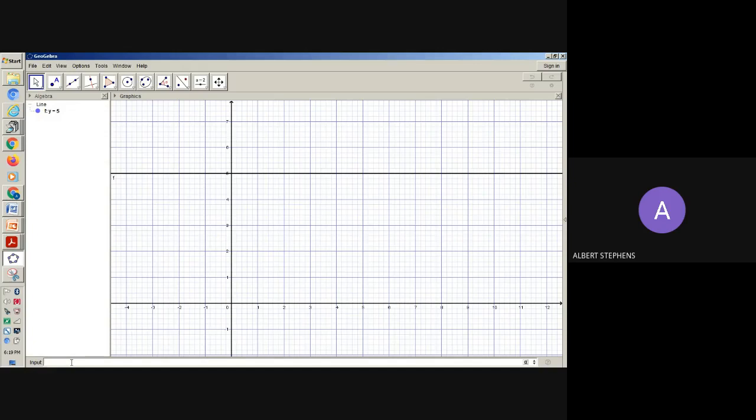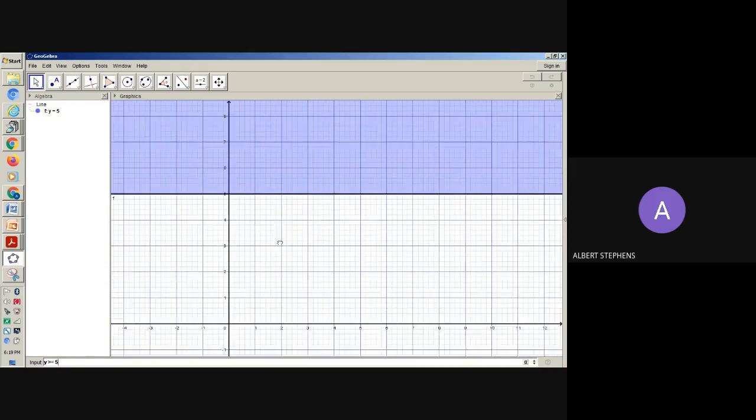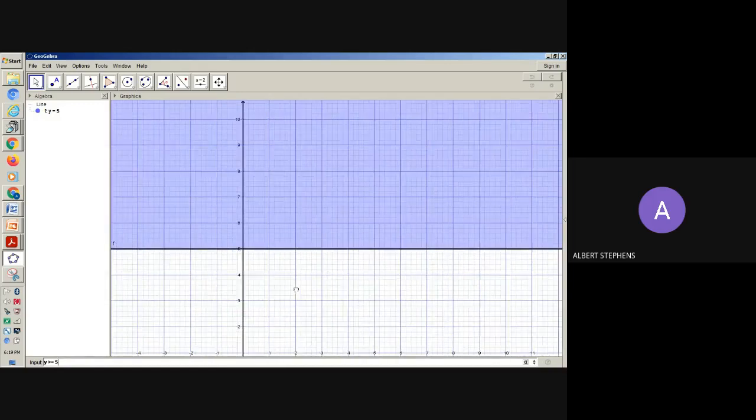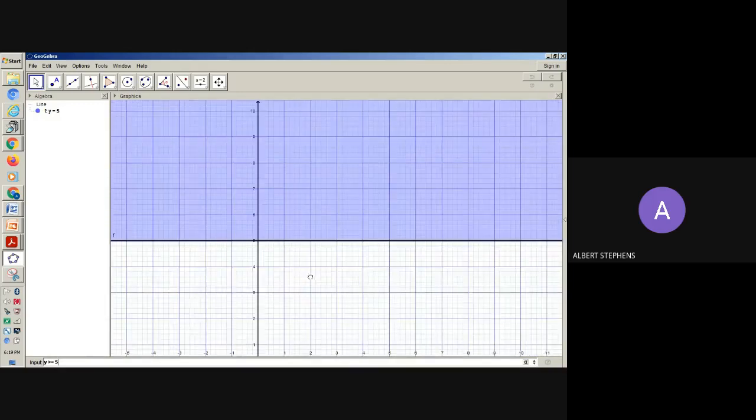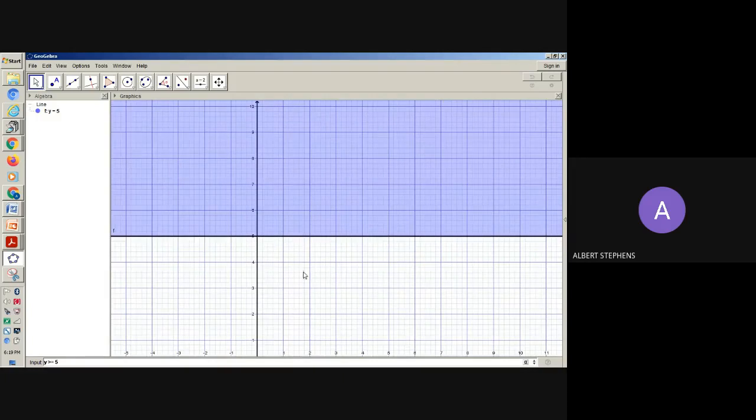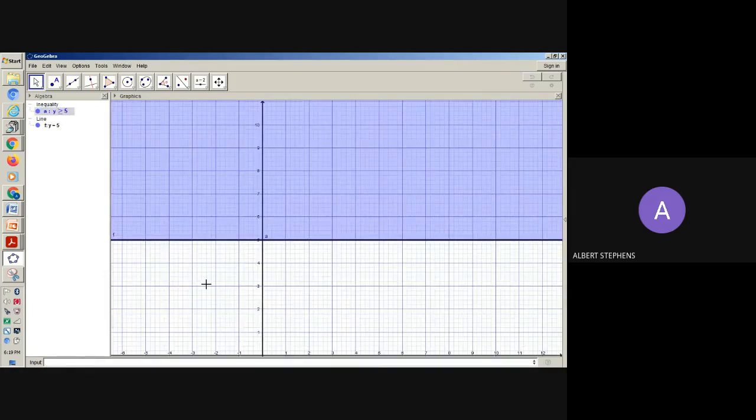Y greater than or equal to 5. Do you see that? So if I say y greater than or equal to 5, it will be everything going up because it's greater than.